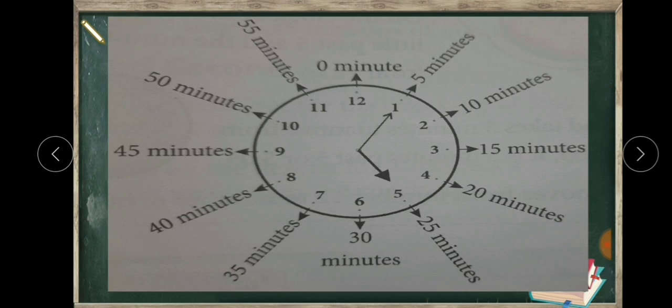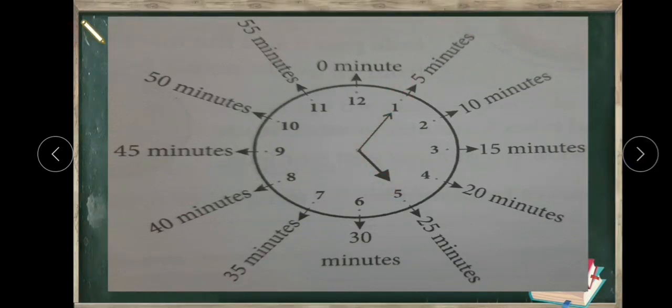So we can read this time as 5 hours, since the hour hand is on 5, and the minute hand is on 1. 1 means 5 minutes. So we can read this time as 5:05.